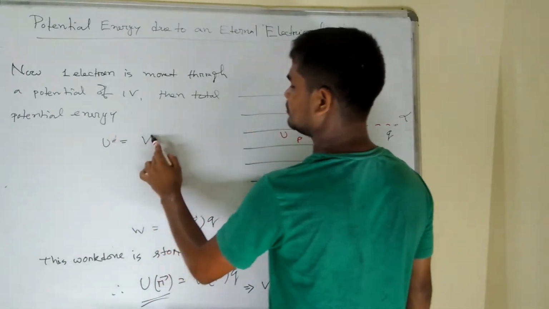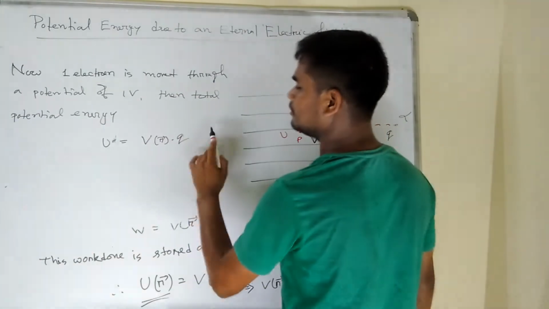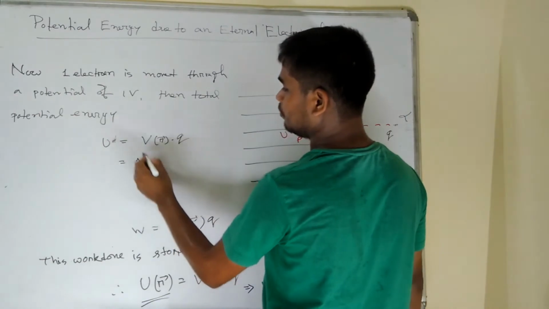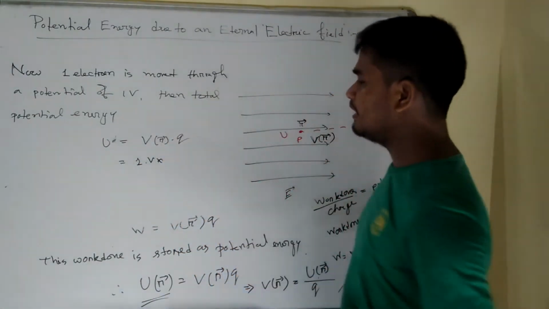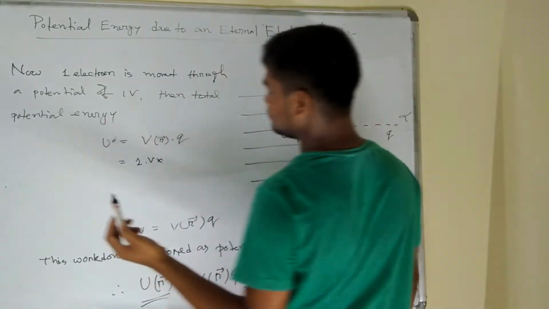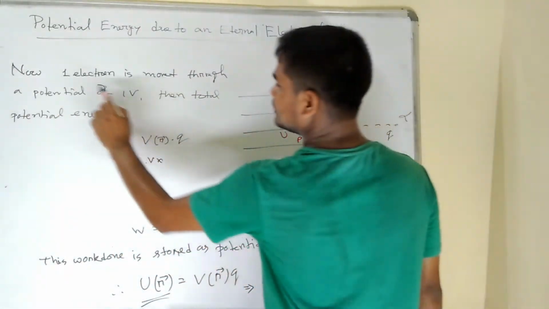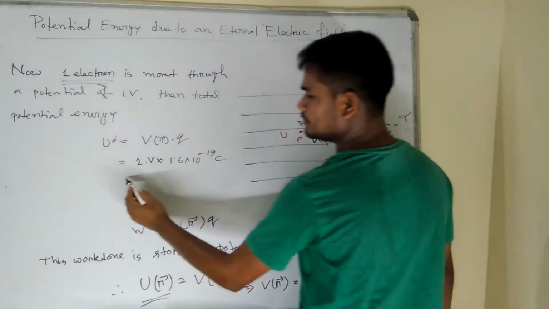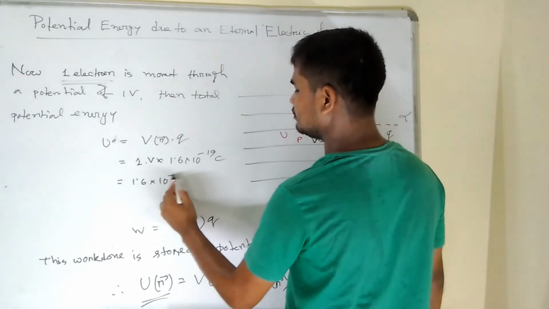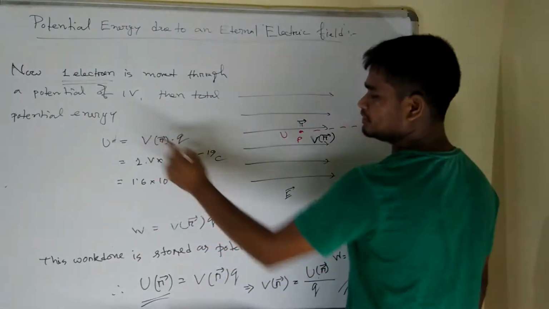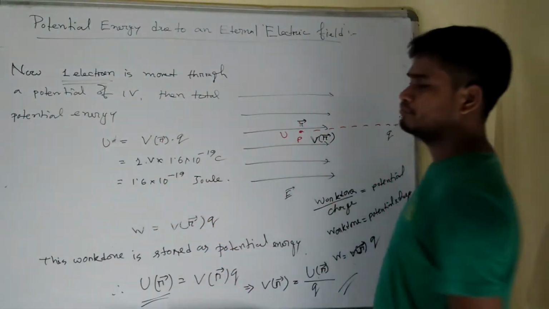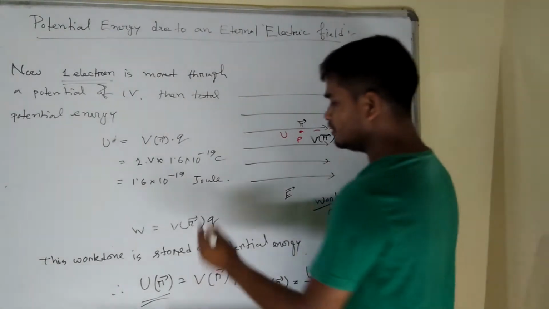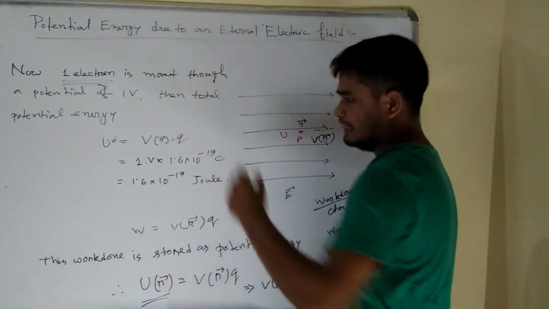U is equal to V(R) into Q. U is the potential energy. V is how much? 1 volt. Electron is moved through the potential of 1 volt. The charge of 1 electron is 1.6 into 10 to the power minus 19 coulomb. Therefore, the potential energy is 1.6 into 10 to the power minus 19 joule. This is the potential energy of the electron.